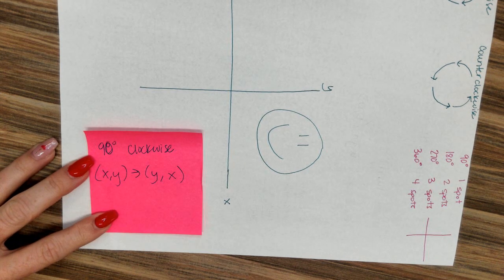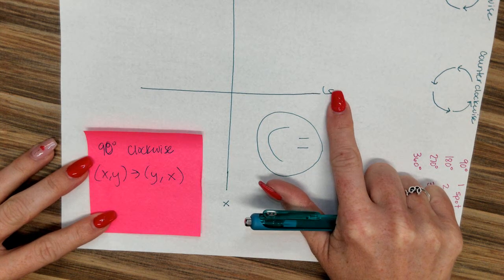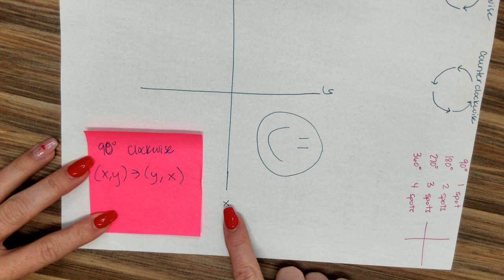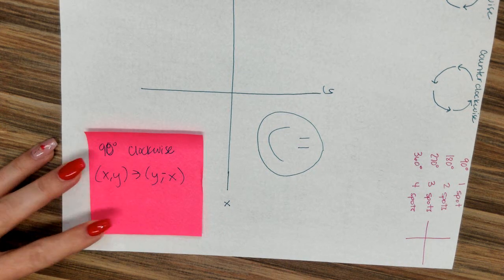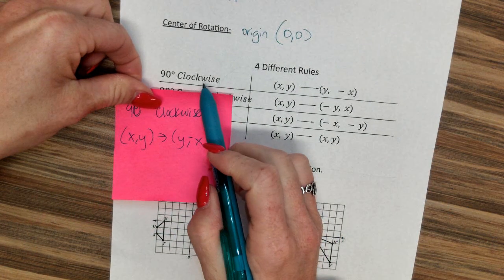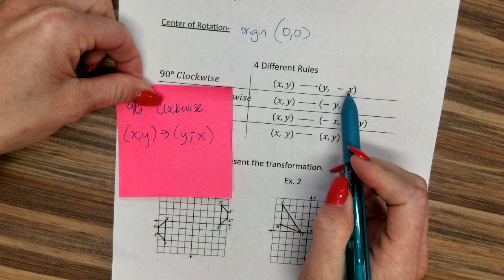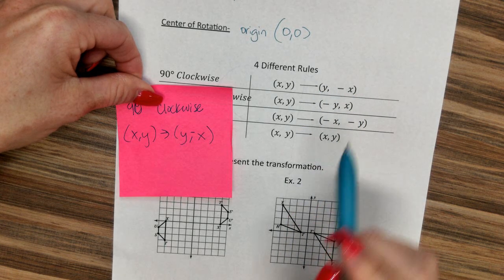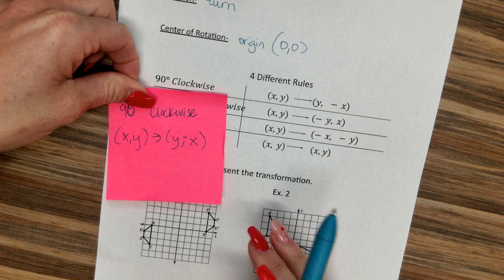Yes? The y is on the right. Right is positive. The x is down low, so it is negative. Now look. Go back to the front. Was 90 degrees clockwise, y comma negative x? Yes. Do you see how this trick allows me to not have to memorize these rules?